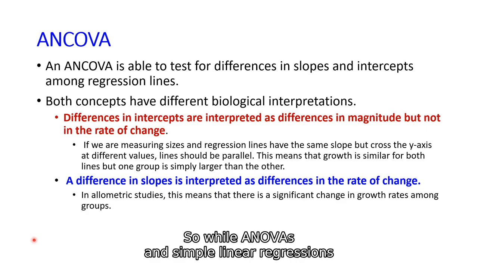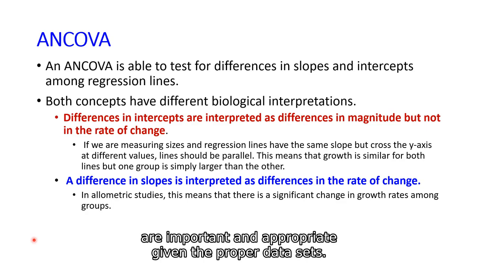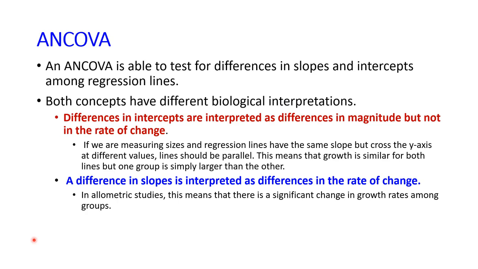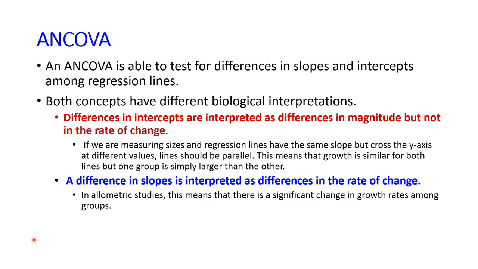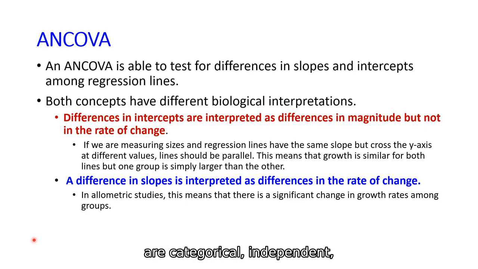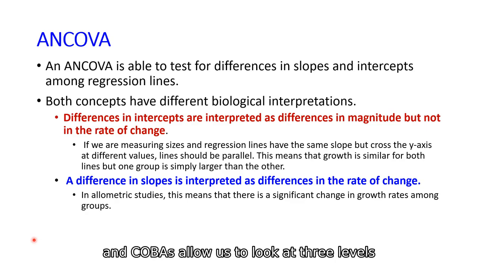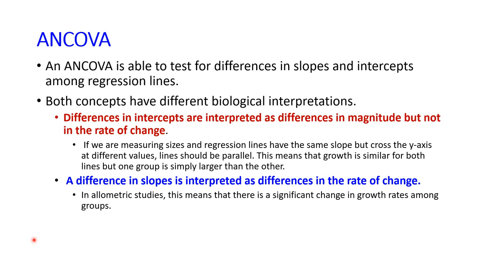So while ANOVAs and simple linear regressions are important and appropriate given the proper data sets, when we have three variables, a continuous dependent, a continuous independent, and a grouping variable or categorical independent, ANCOVAs allow us to look at three levels of interpretation within a single analysis, right?